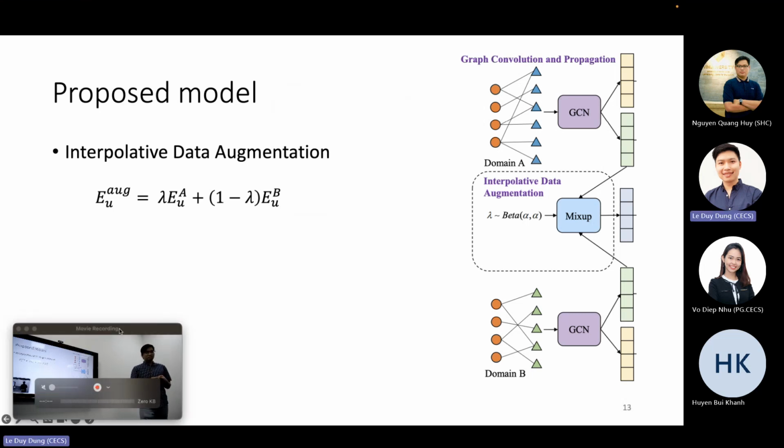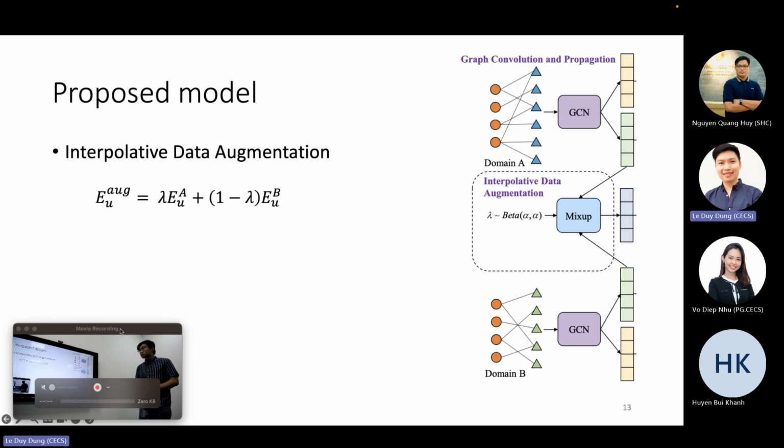The authors mention that we could have richer information by interpolative augmentation, combining the embeddings with a lambda parameter to get a mixup, and they did not add augmentation for the user, they only use the embedding information from the GCN.